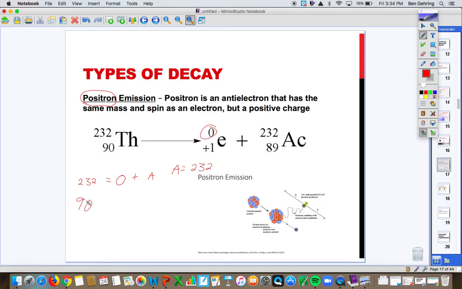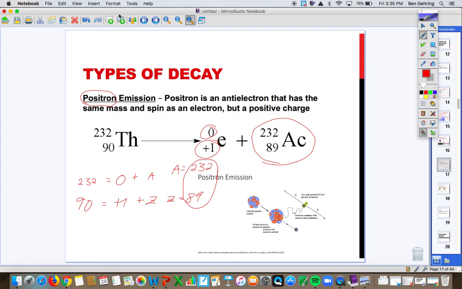And then 90 equals +1, because it's a positron, not a beta particle, +1 plus Z. So I have to subtract that, so I know that Z equals 89. These become my two numbers. I look at my periodic table. There is my nuclide notation: Ac-232, actinium-232, is going to be your product.